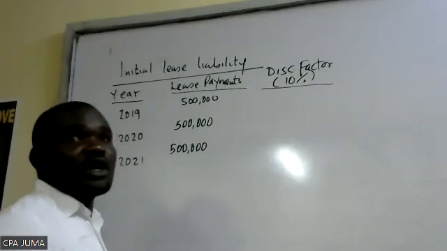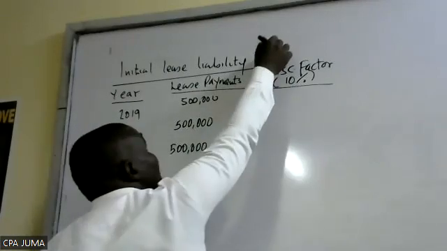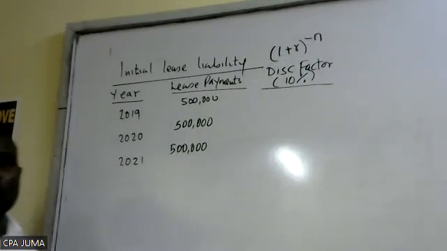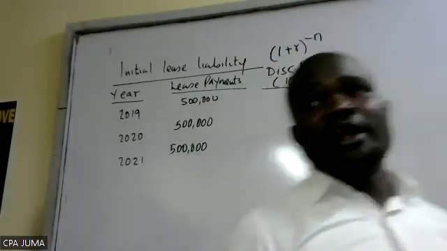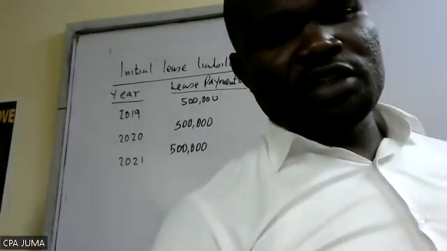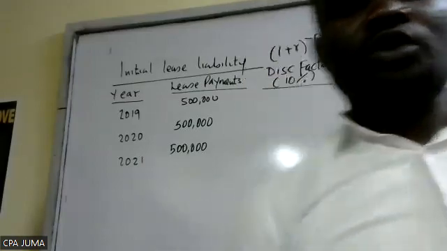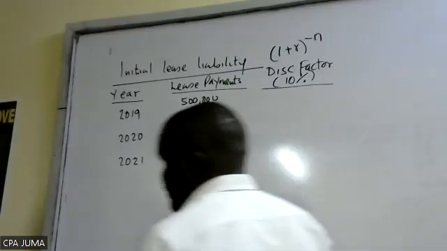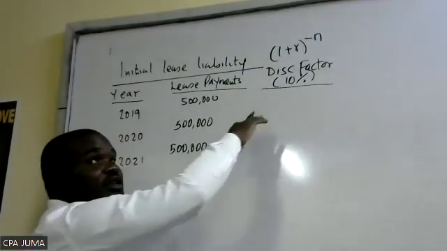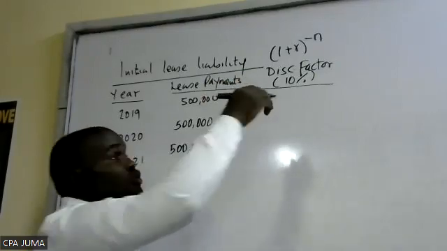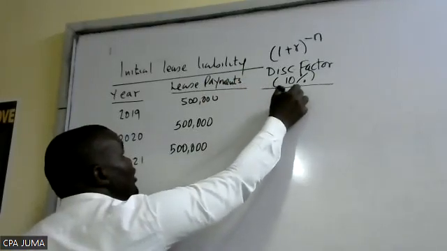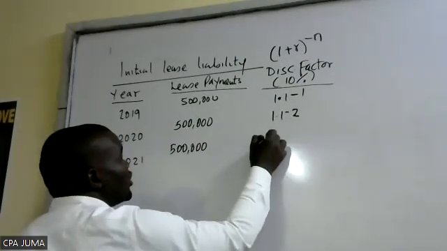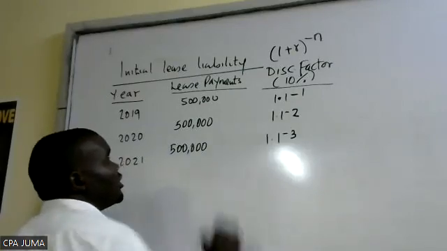So in finance, you are told to discount. You use this formula, 1 plus R raised to power negative N, to discount for that. So R is 10%, so 1 plus 0.10 is 1.1. So this will be 1.1 raised to power negative 1, 1.1 raised to power negative 2, 1.1 raised to power negative 3.